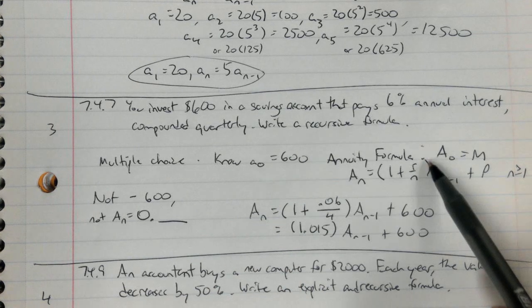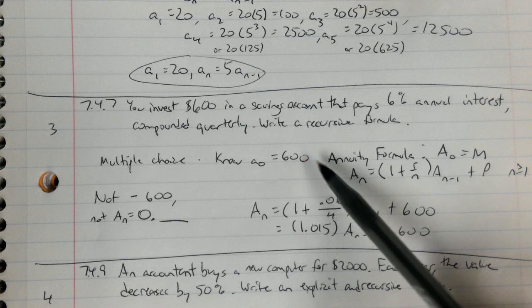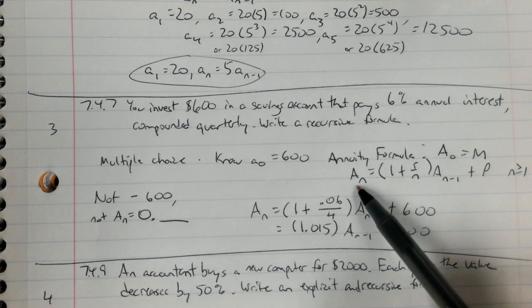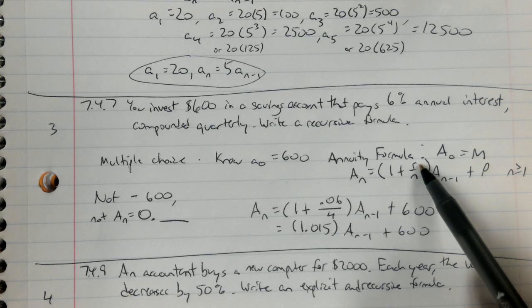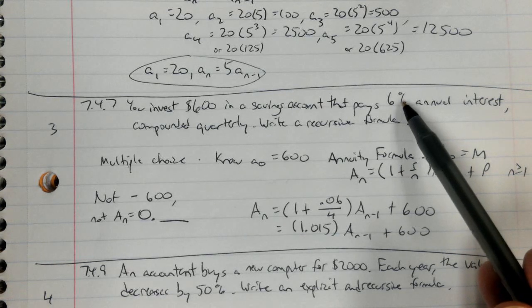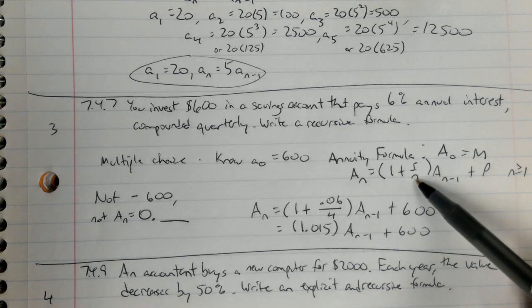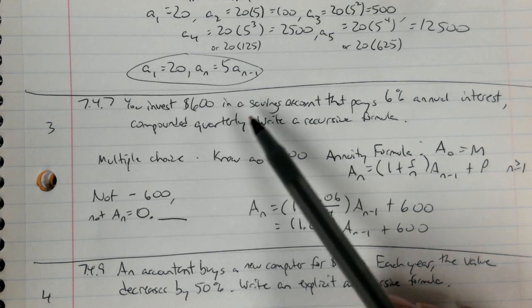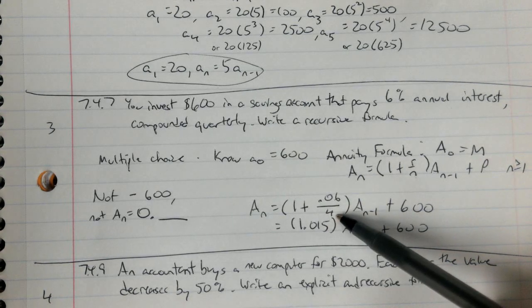The annuity formula is a_0 equals M, which is your amount basically, and then a_n equals 1 plus your rate as a decimal. So if you see 6%, you put 0.06. Divide by n, which is your number of times compounded, and quarterly is 4 because you know there's 4 quarters in a dollar. And compounded quarterly means 4 times a year.